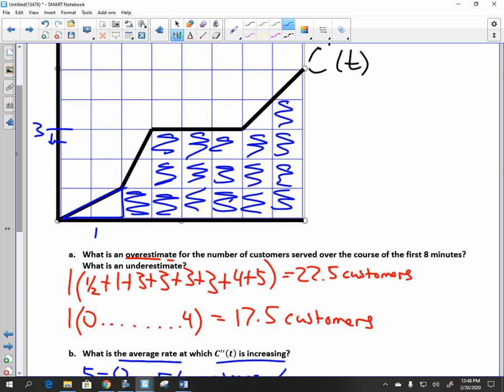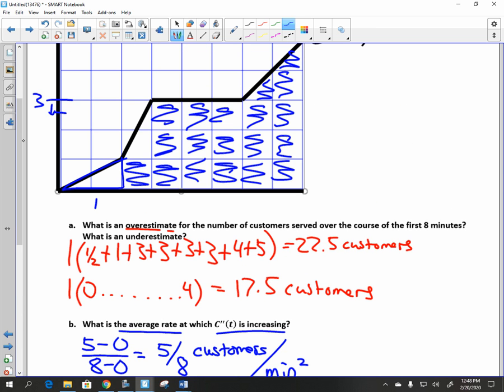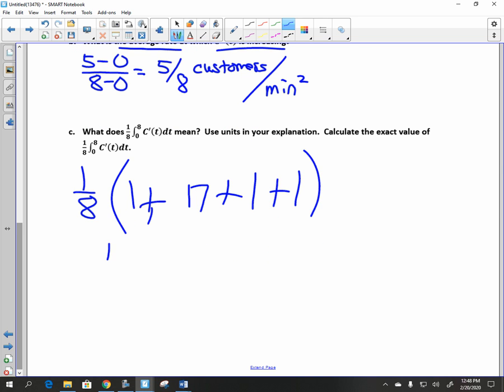And then how about these two? They're going to make 1. Plus, and then what does this one make right here? That's 1, so I've got another 1. So what do we get out of that? 20. So I get 1/8 times 20, which is 20 over 8. What is 20 over 8?